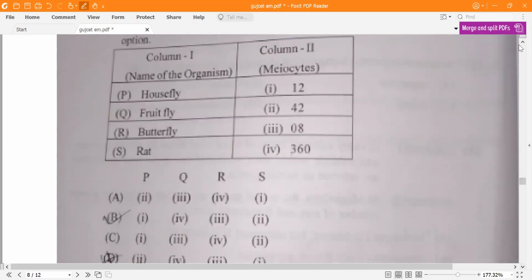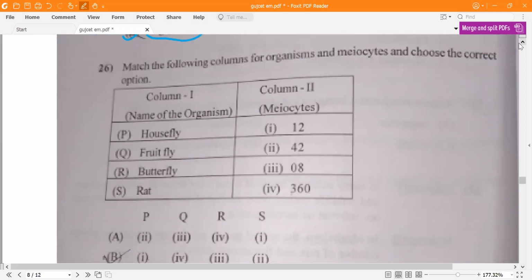Now you have to choose the correct number of meiocytes with respect to the organisms. Especially in that case, the estrous cycle will be seasonal, so that's why dogs and sheep have been chosen.